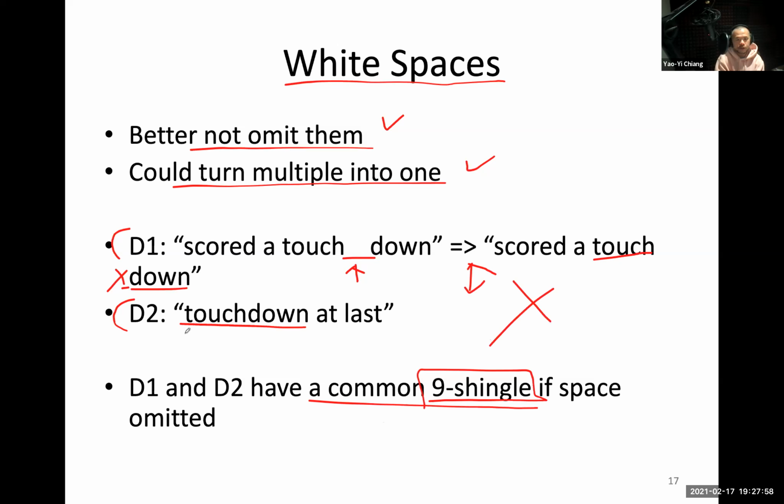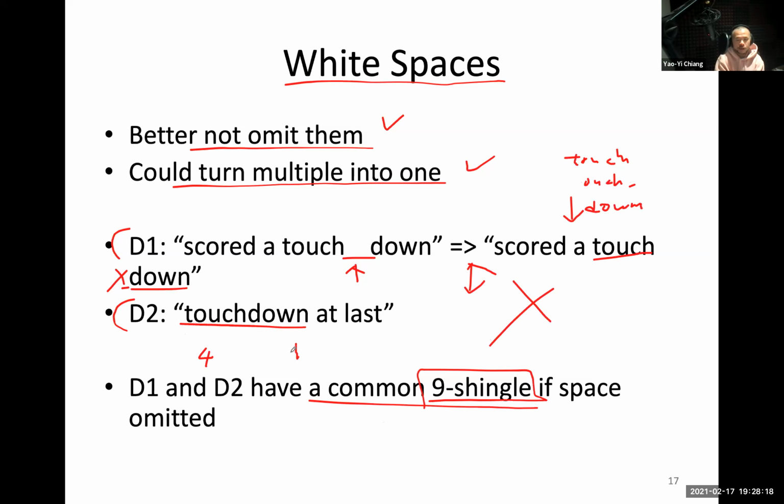However, if you use a shingle size of 4, this one will have a shingle that is "touch", and another one that is "OUCH space", and eventually another one that is "down", right?